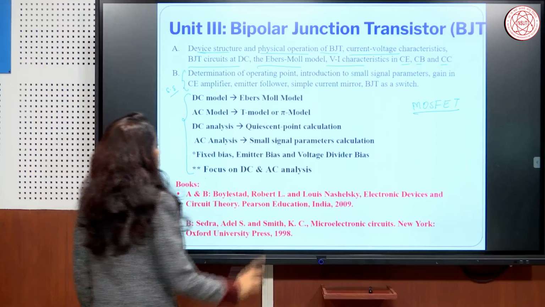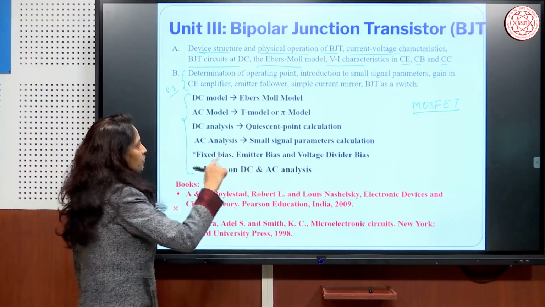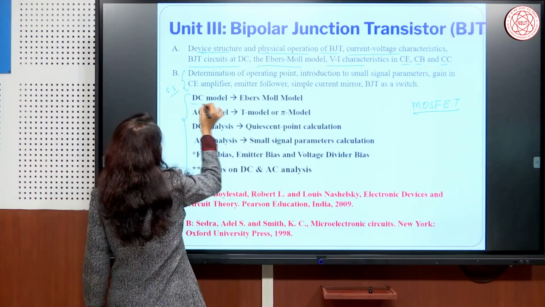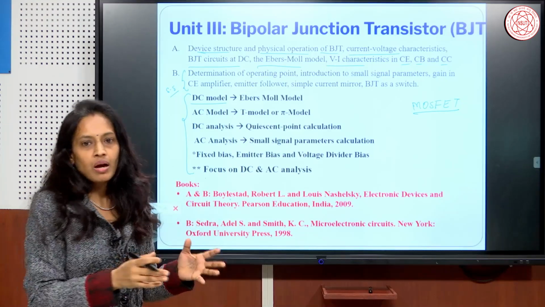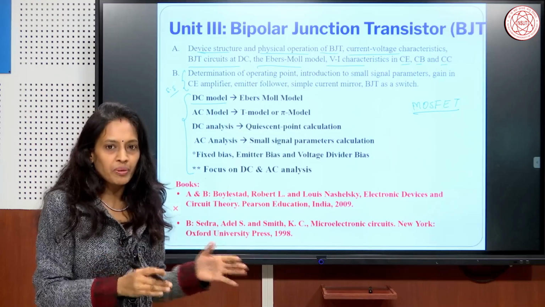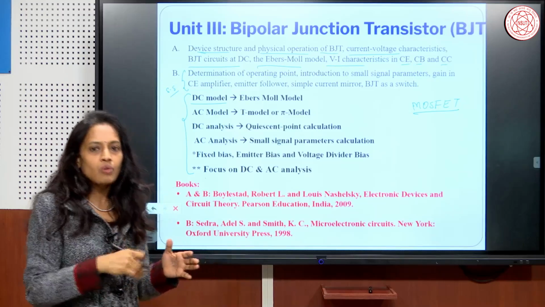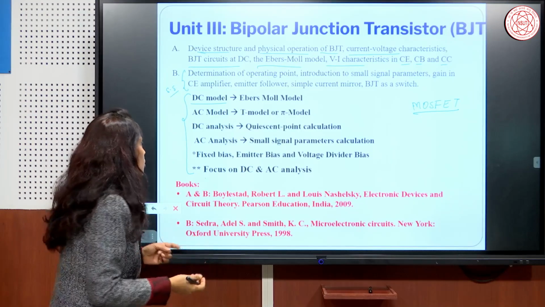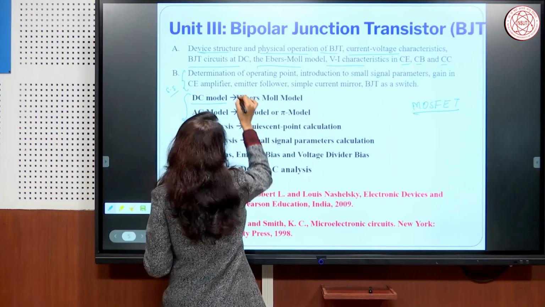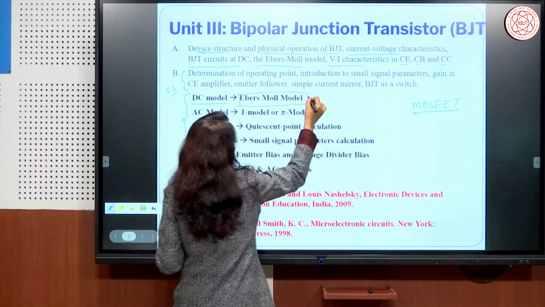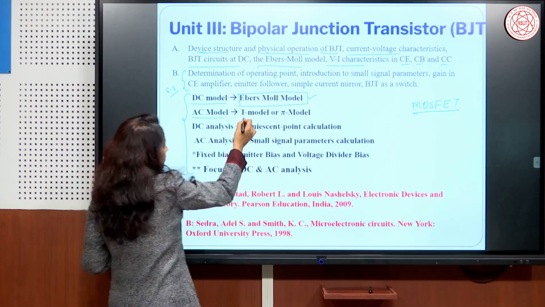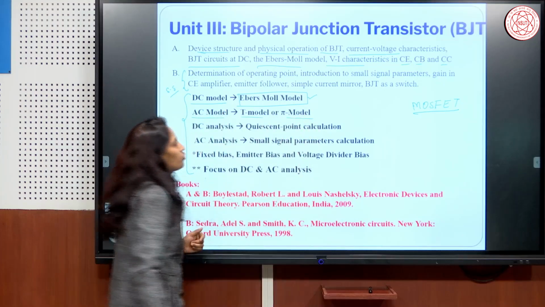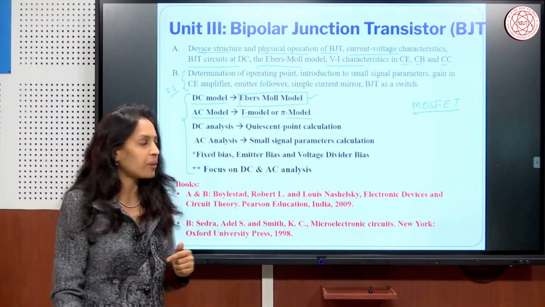So what you have to do in both MOSFET and BJT, you should know what the DC model is. DC model means large signal model: if a large signal is applied across your device, how the characteristics will appear. In the BJT case, it is the Ebers-Moll model, which explains your DC model. And then comes your AC model. For the AC model, there are two forms, the T model form or the pi model form.